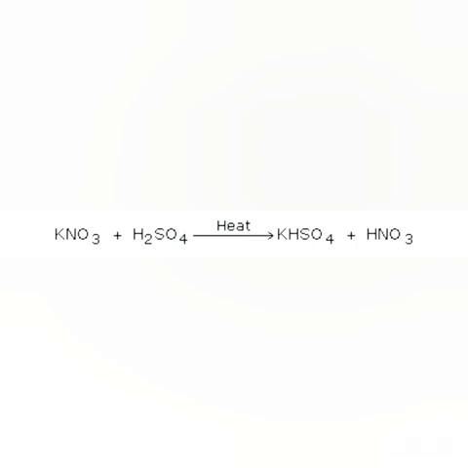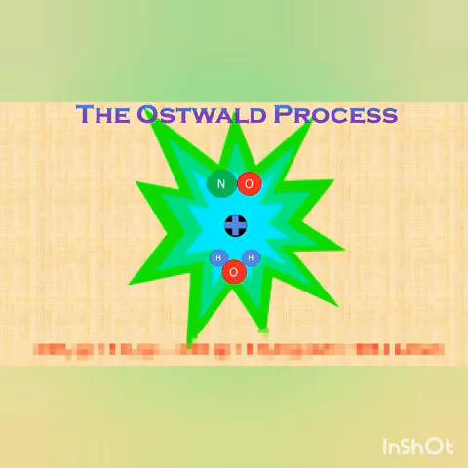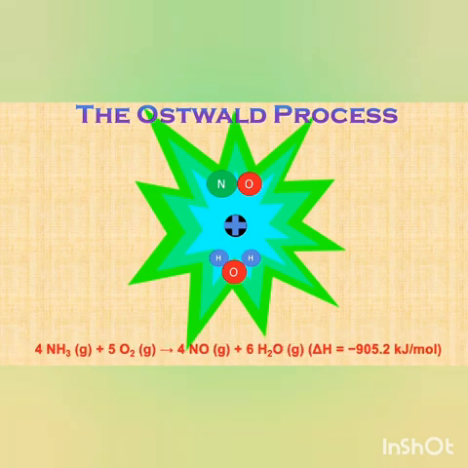Now next we will do the commercial or industrial preparation of nitric acid. It is done by the very famous Ostwald process, that is the process of catalytic oxidation of ammonia. In Ostwald's process, the conversion of ammonia into nitric acid is done through the following steps.